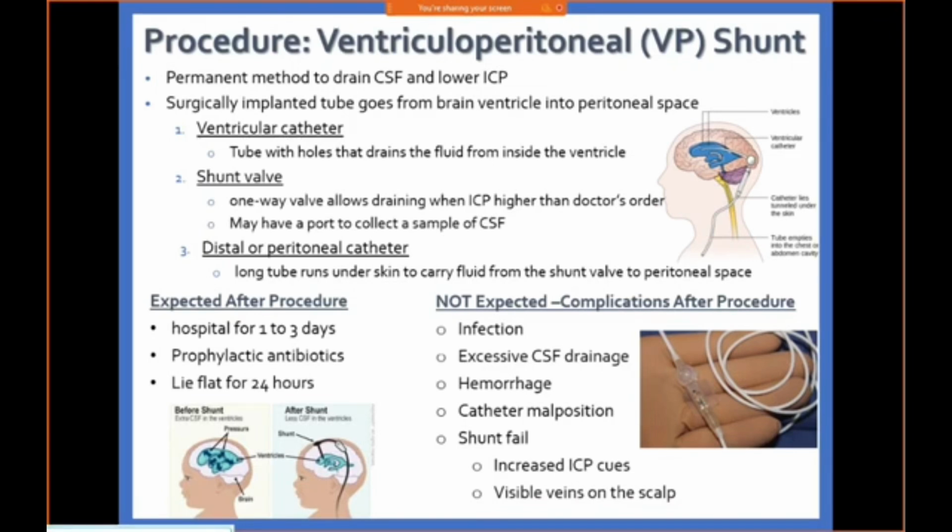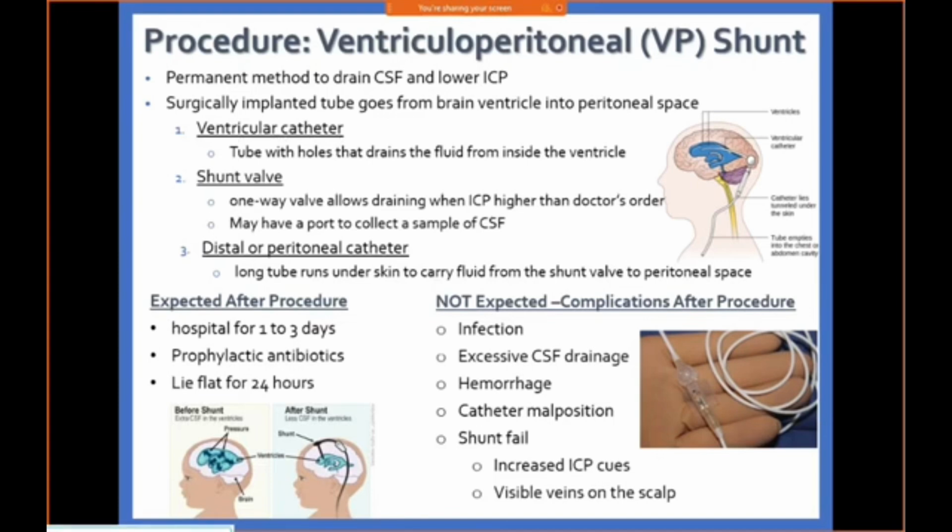It's very similar to the external drain, except that the control is not outside the body. The control is that shunt valve, and the shunt valve can be controlled. I've seen ones at Barrows that are magnetically controlled.